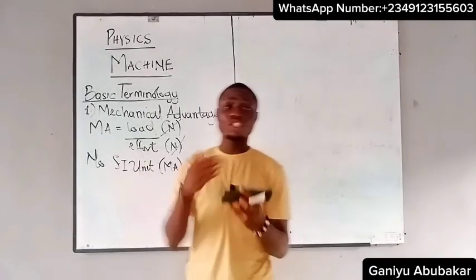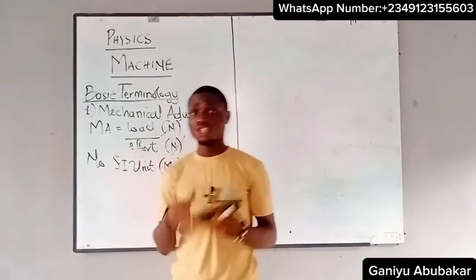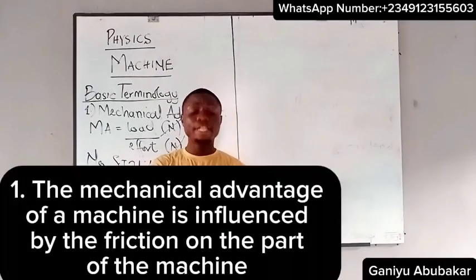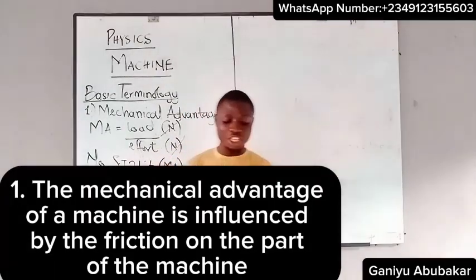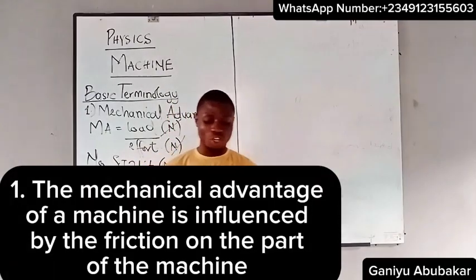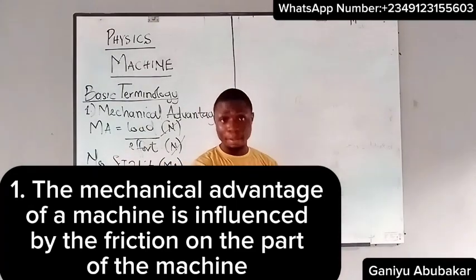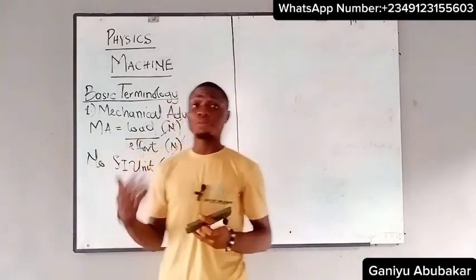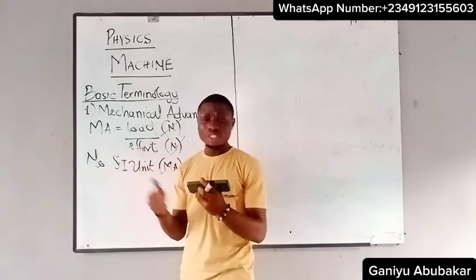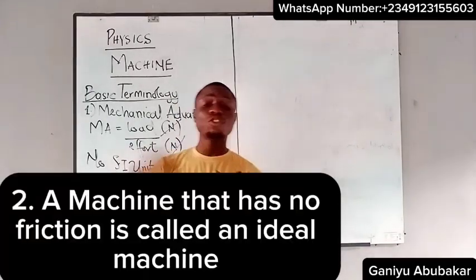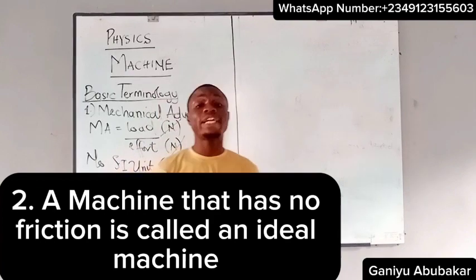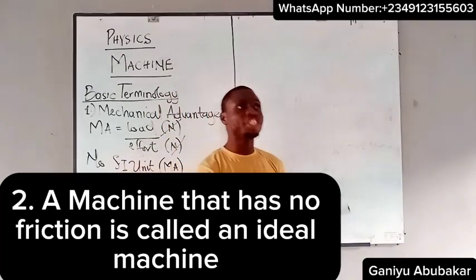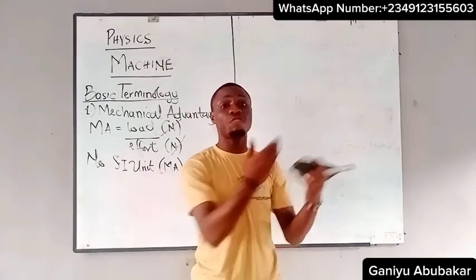There are two important pieces of information you need to know when it comes to mechanical advantage. The first is that the mechanical advantage of a machine is influenced by the friction in the parts of the machine. Also note that a machine that has no friction is called an ideal machine. In real life, there is never a machine without friction.